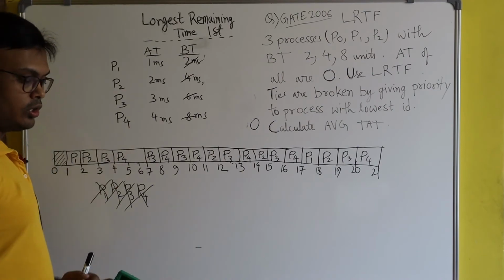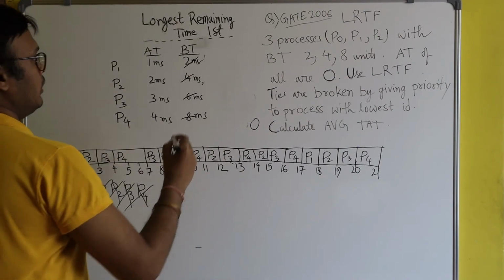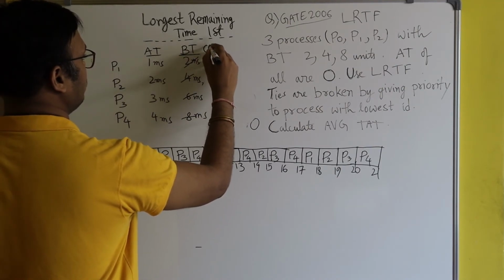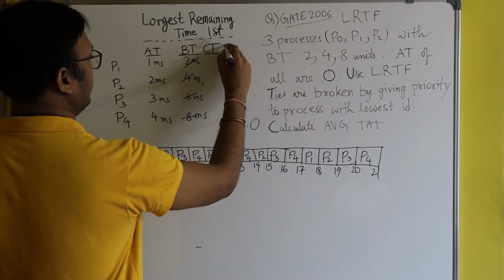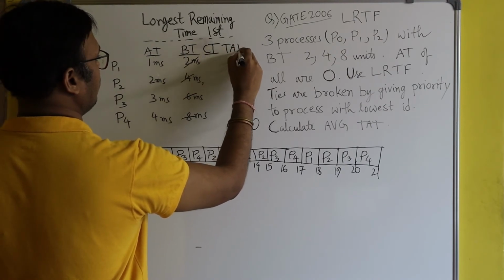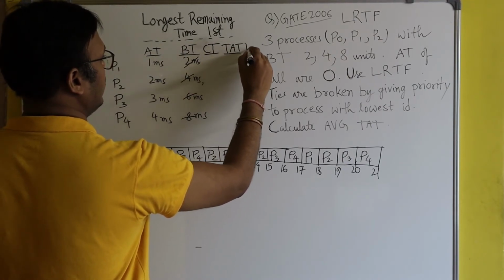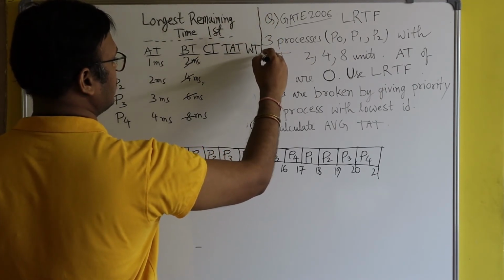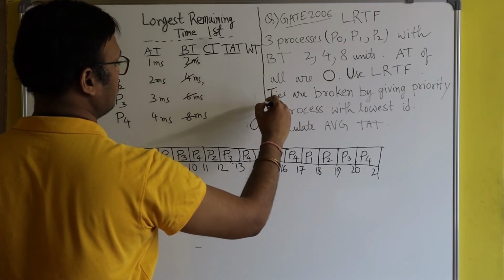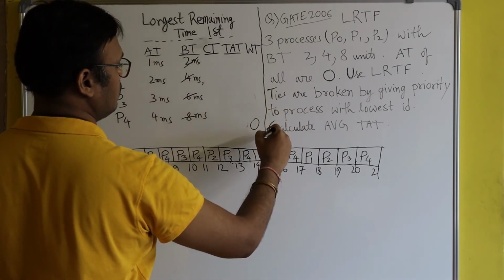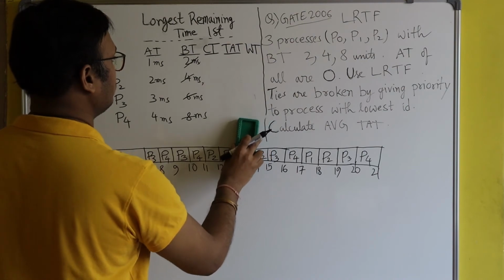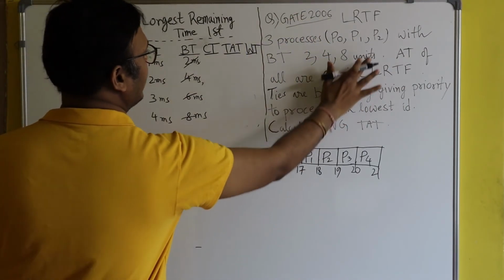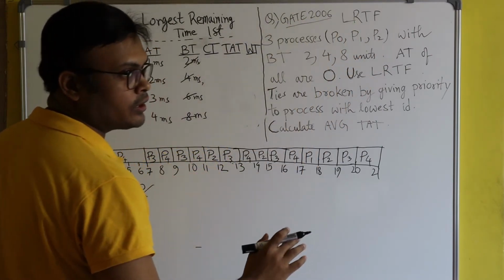So now you see, here I am writing completion time, then turnaround time, then waiting time. It's a separate question, so just don't look at this part.